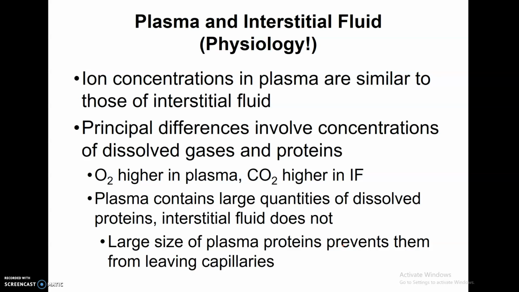So what's going on in terms of plasma? Well, one of the things that I really like to always remember is water that we drink. Water comes in through our digestive system. Water is absorbed into the blood. In the blood, this is going to be plasma, right?